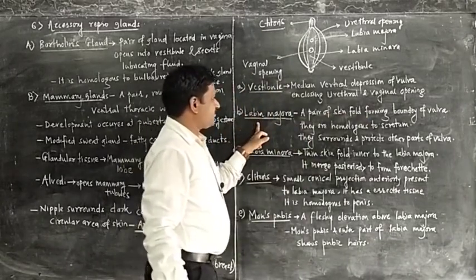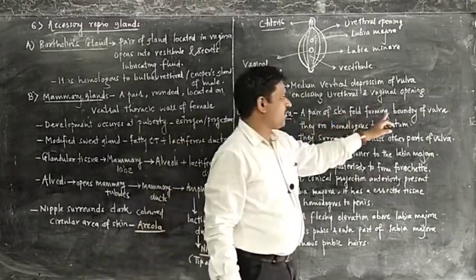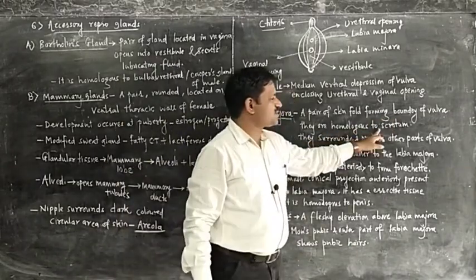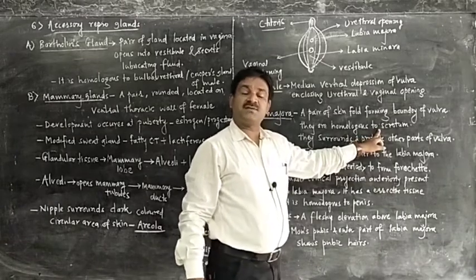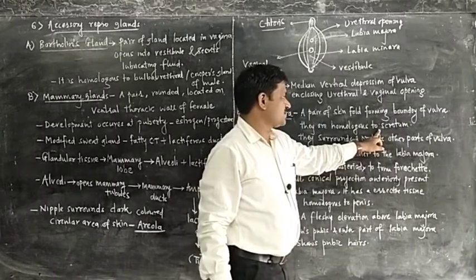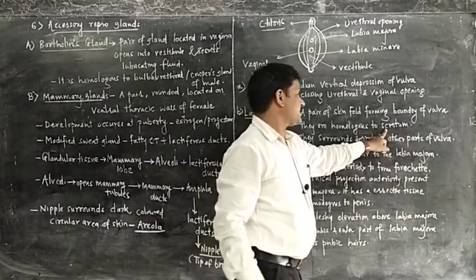Next, the major fold, labia majora, is a pair of skin folds forming the boundary of the vulva. And they are homologous to the scrotum. Scrotum is the part of the male reproductive system in which the testes are suspended.